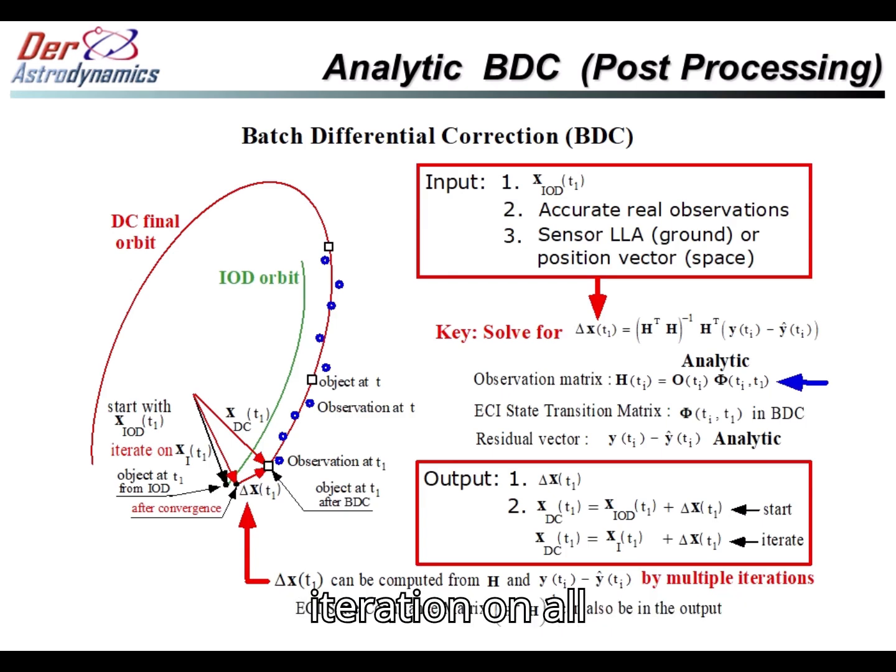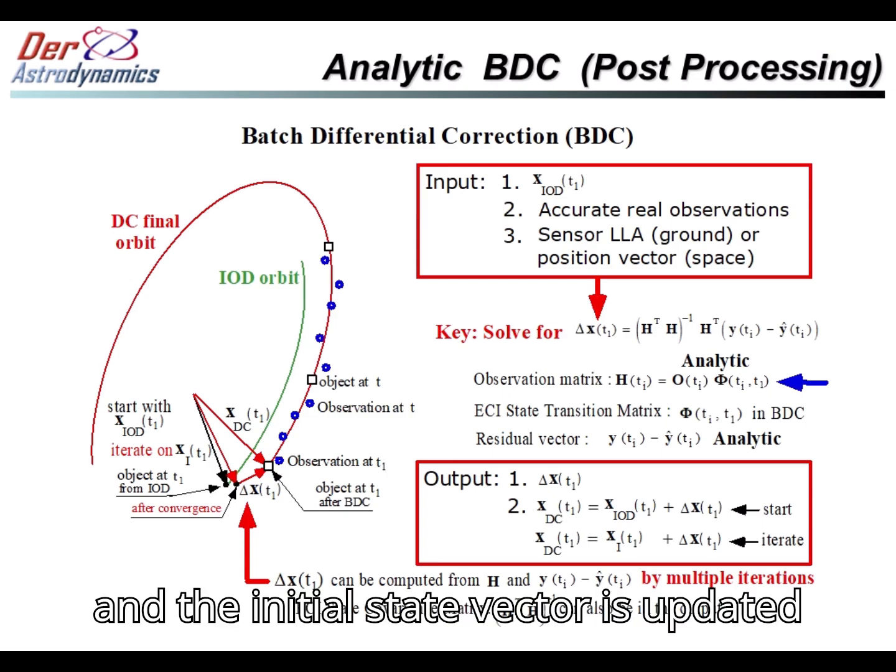After the first iteration on all observations from T1 to Tn, delta XT1 is computed, giving XDC-T1 equal to XIOD-T1 plus delta XT1.